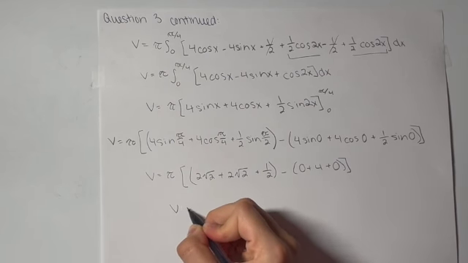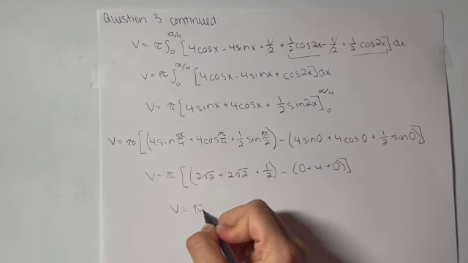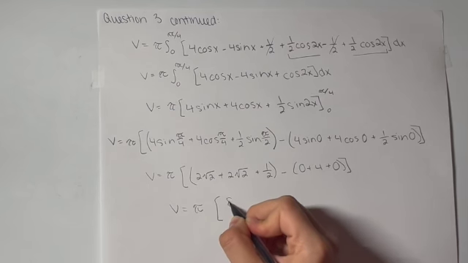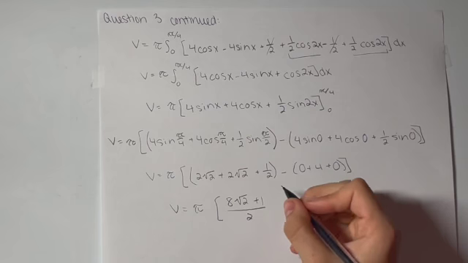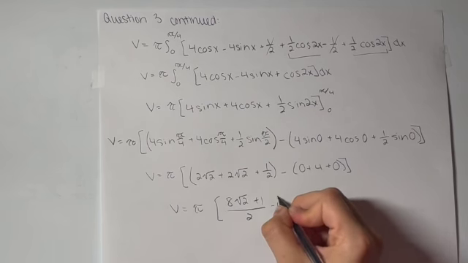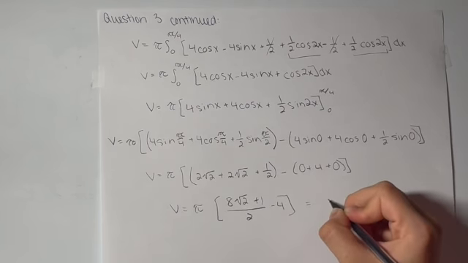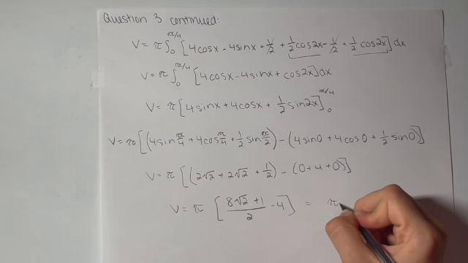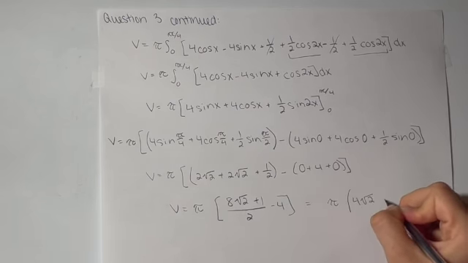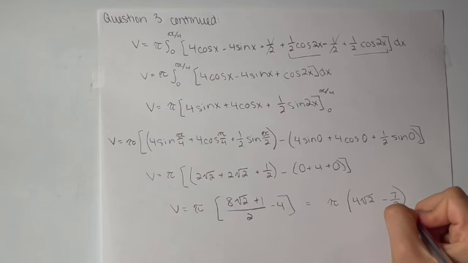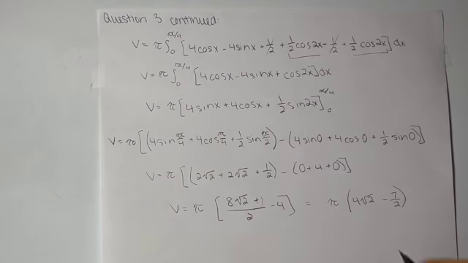Adding these together, we get V is equal to pi times (4 square root of 2 plus 1/2 minus 4), which gives us pi times (4 square root of 2 minus 7/2). And that is our final answer.